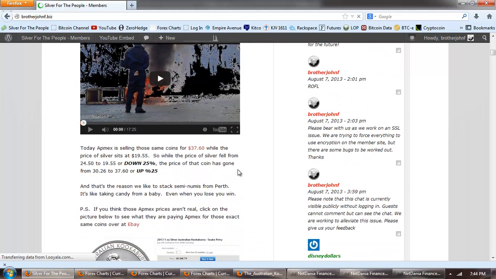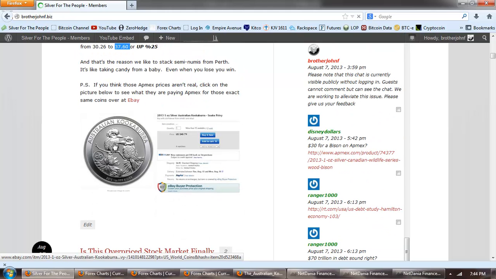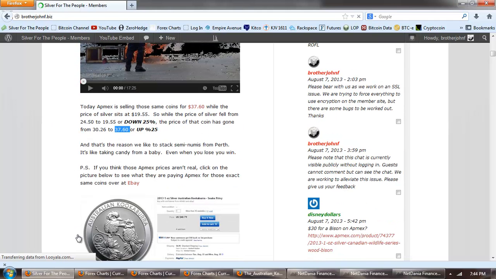Now, back when I covered that coin, silver was at 24.50, and it's now declined to 19.55, so it's down about 25%. Now, that coin, on the other hand, was about 30.26 when I covered it. It's now selling at 37.60, and you can see there's an eBay link to the price. So you can read the full story at the subscription site.